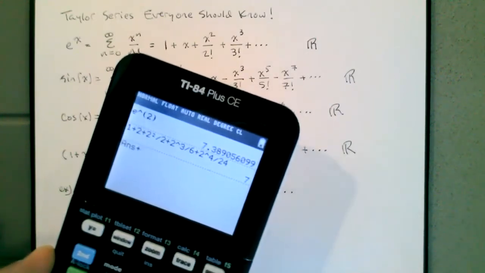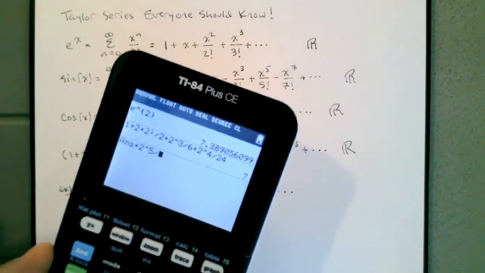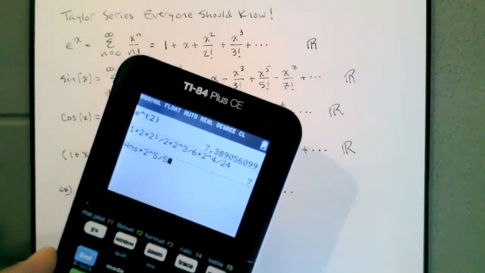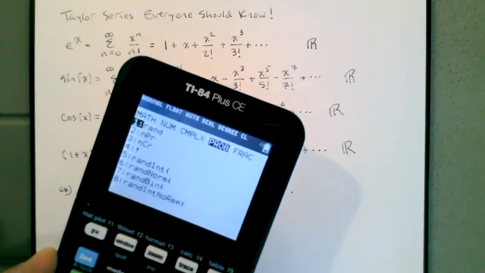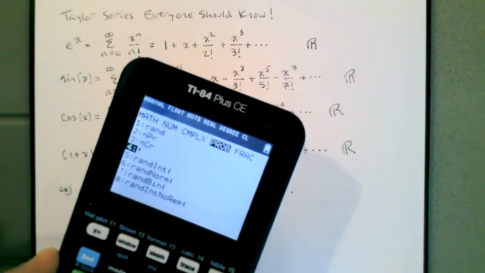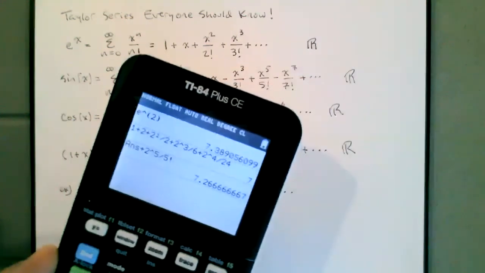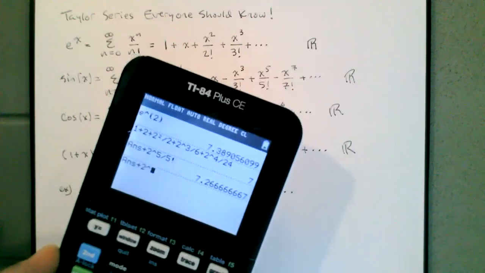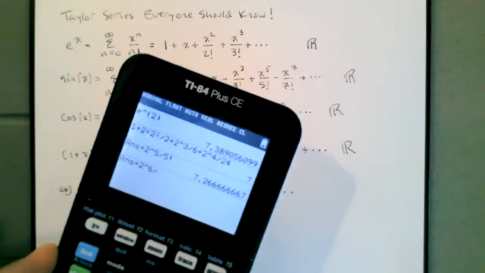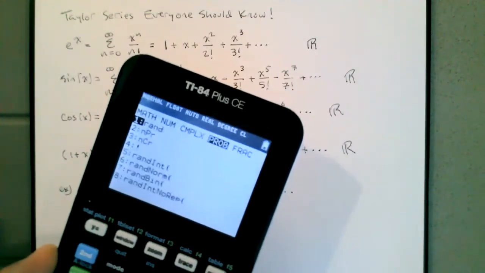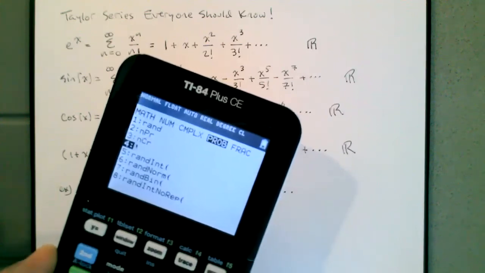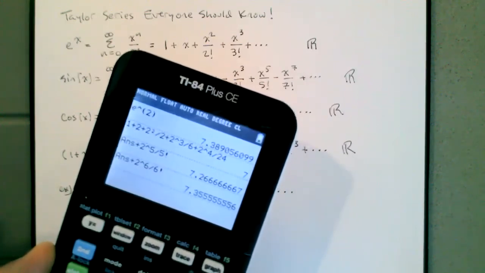So if I add 2 to the 5th over 5 factorial, and if I add 2 to the 6th over 6 factorial, I'd go a lot faster if I just remembered my factorials, which I don't.